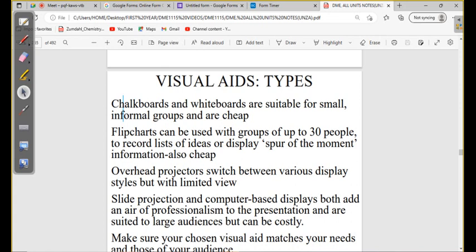That is on overhead projectors. I hope we've seen projectors before, right? In those times when we used to watch the Jesus film, they used overhead projectors. You are seeing the film. Those have got a limited view, because it will not be that big. If you put an overhead projector just for a specific audience, it might not be for too many people.